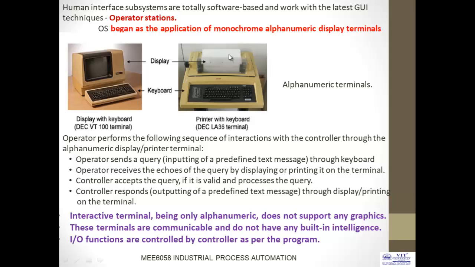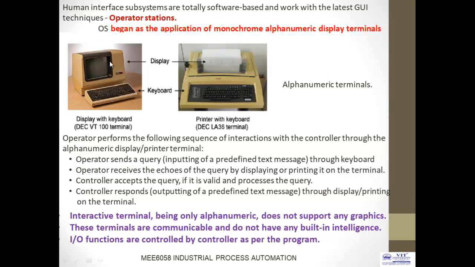It's also a display, but it's a printed format; here it's a viewing format. So it's a monochrome alphanumeric display terminal, a form of numerical formats. For example, A10, B20, C30 come up like that on alphanumeric display terminals, on the printer or on the desktop.